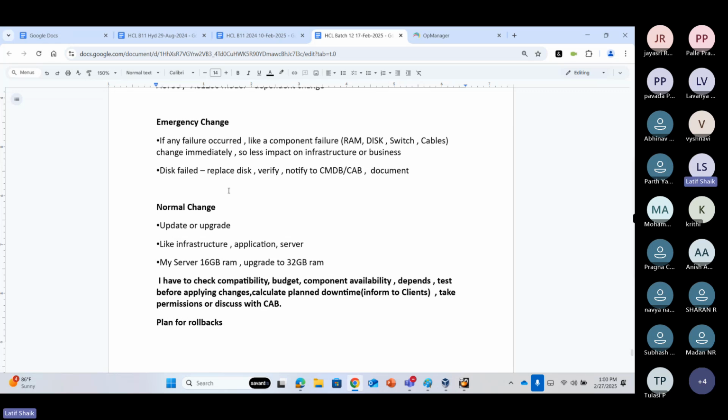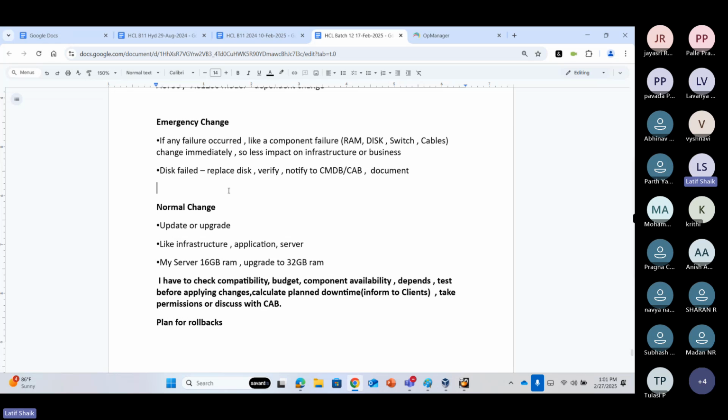What do you do? You remove the disk, you replace the disk, and do all the transactions. If you have any backup, you restore it, reconnect it, and start working. So you have done it right. You find there is an issue and immediately tell: this is a disk issue, and you replace the disk and change things. There are emergency change management rules and normal change management rules, so you follow the change management protocols.